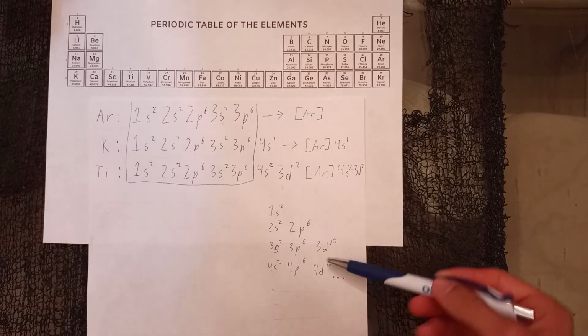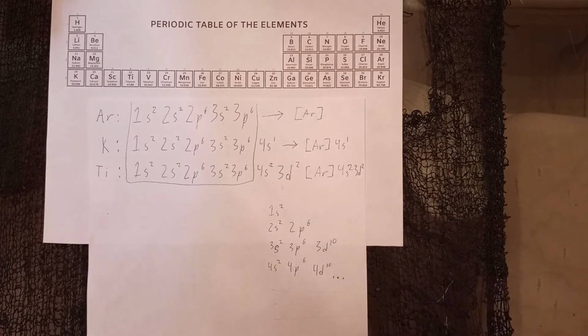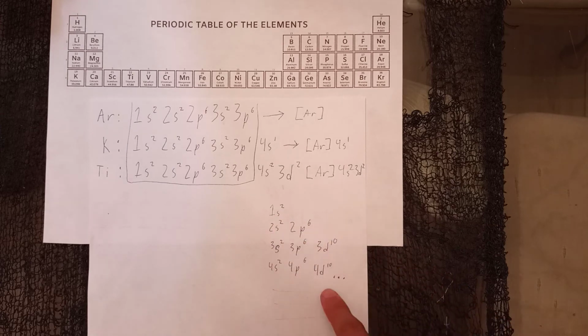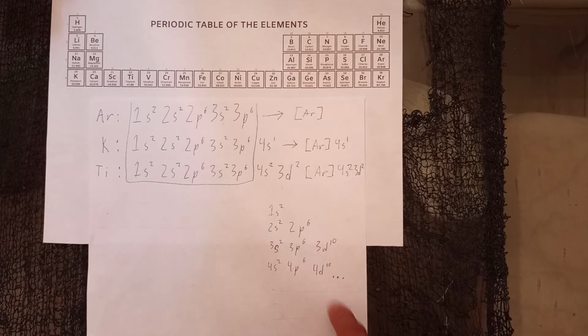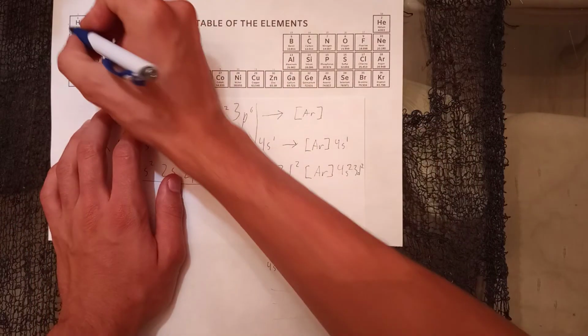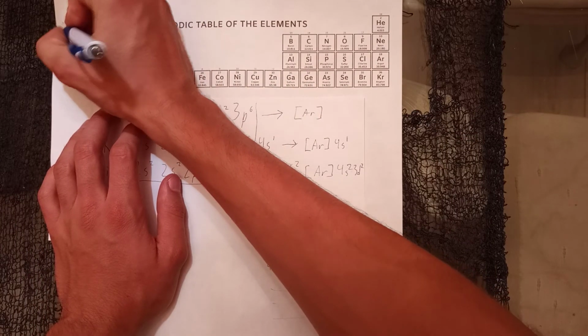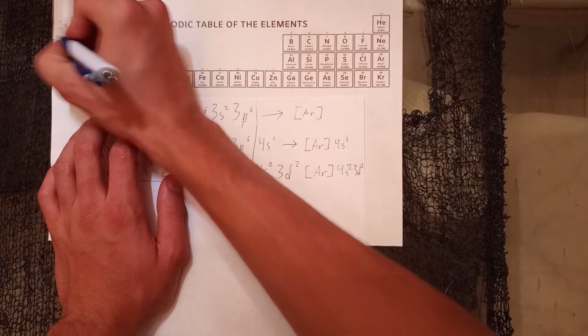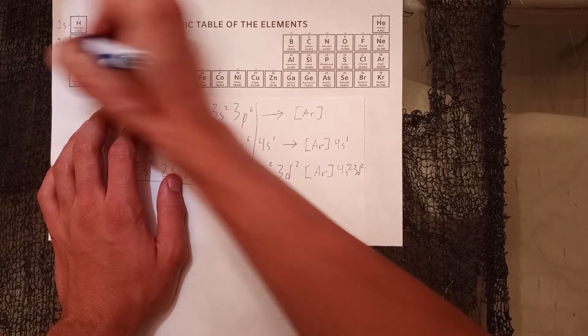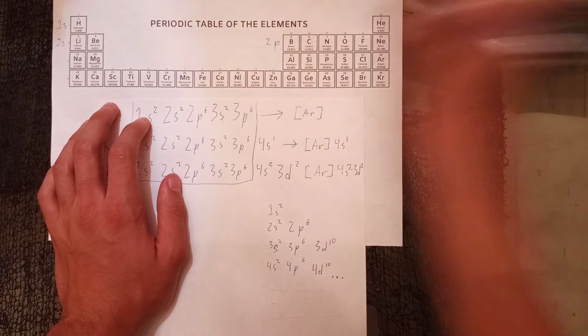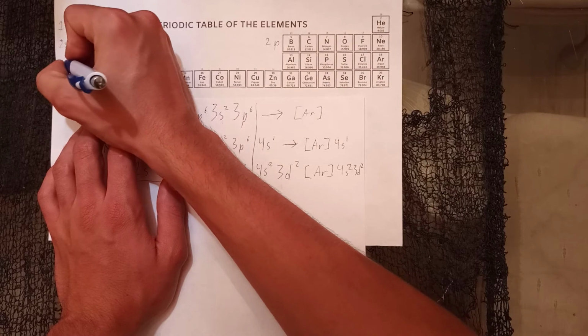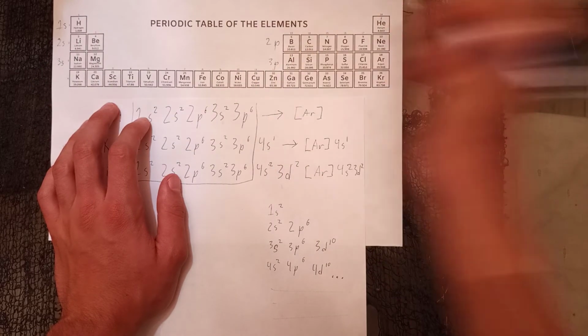Next, I want to use this little thing. I don't remember if we talked about it, but it helps me to understand the order it's supposed to go, because that turns out kind of weird. It's like this: 1s. This is 2s, this is 2p. Good, makes sense. 3s, 3p.